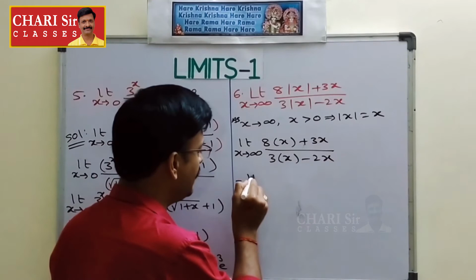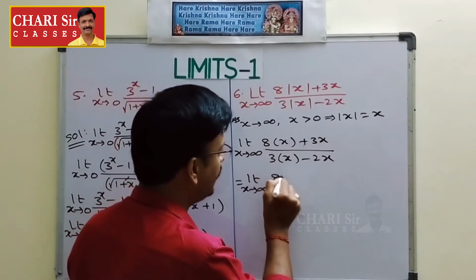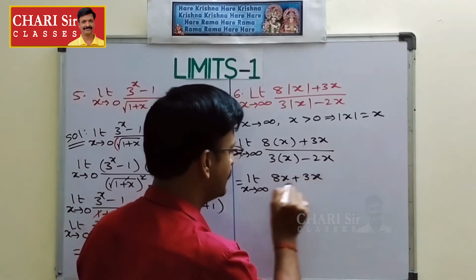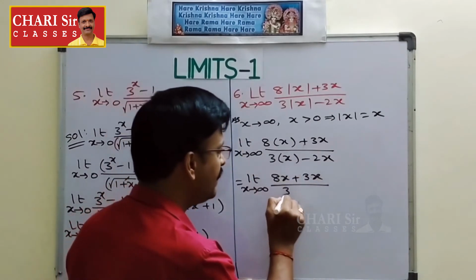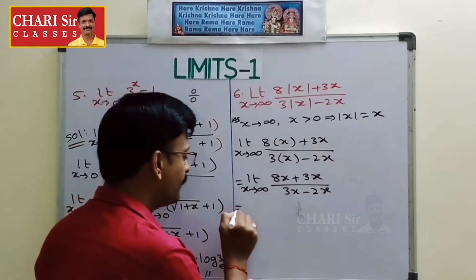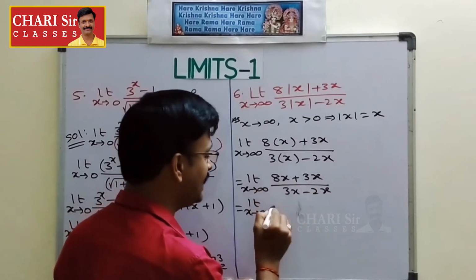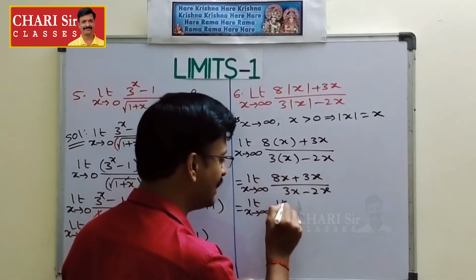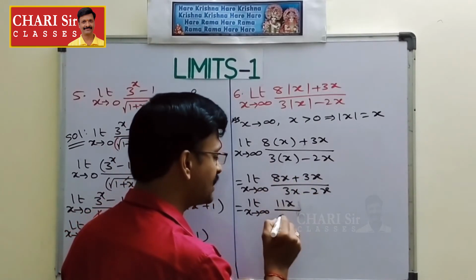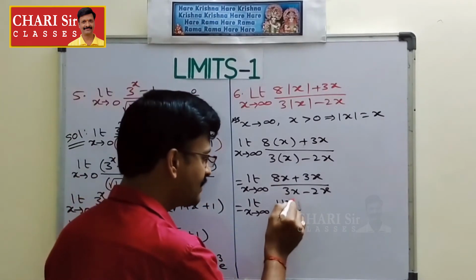So that is (8x plus 3x) by (3x minus 2x). Now this is equal to limit x tends to infinity, 11x by x, and now you can cancel x.